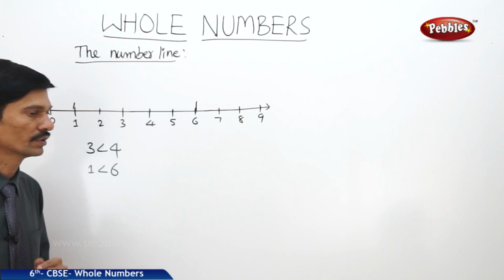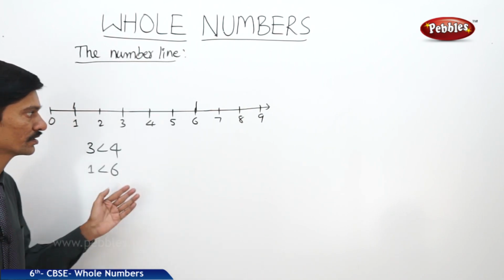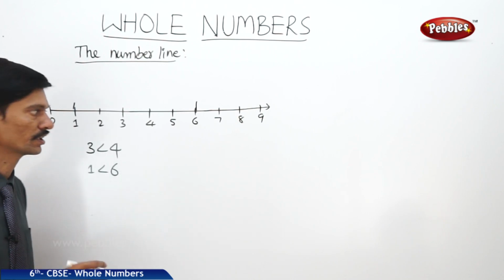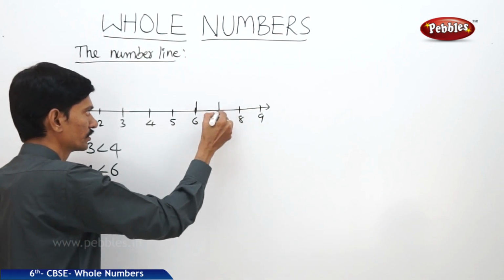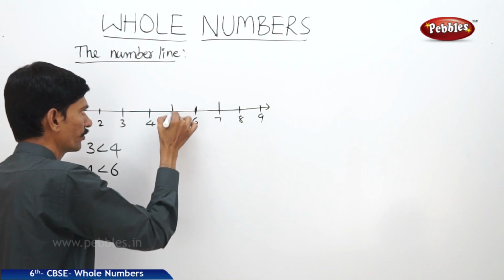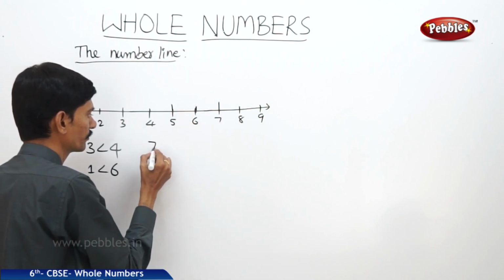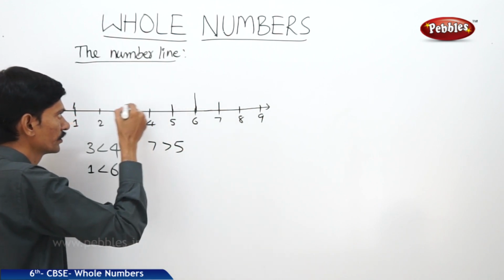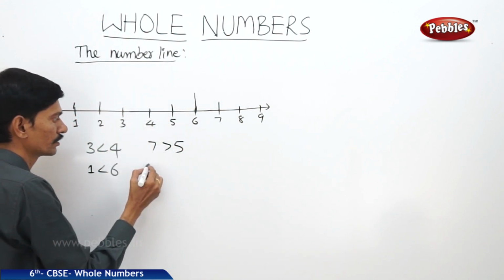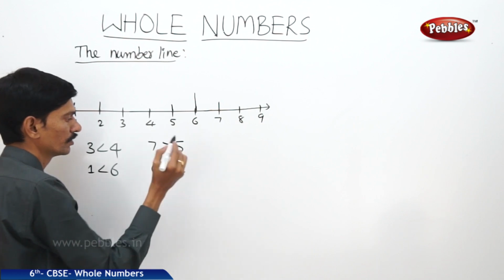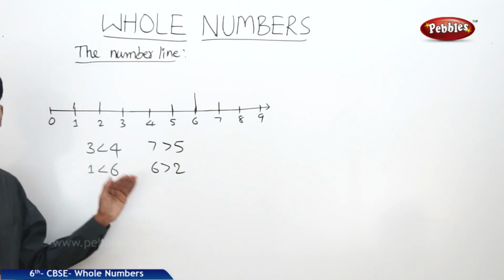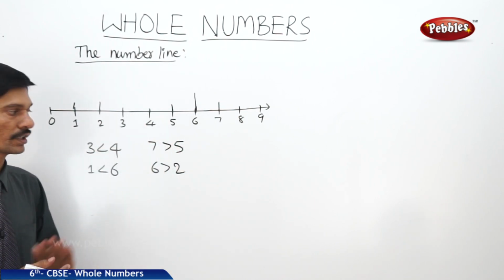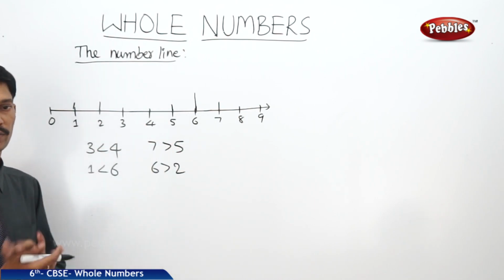If a number lies on the right of another number, then that number is greater than the second number. For example, 7 is right of 5, so 7 is greater than 5. And 6 is on the right of 2, so 6 is greater than 2. Whatever number lies on the right of the given number is greater than the other number.